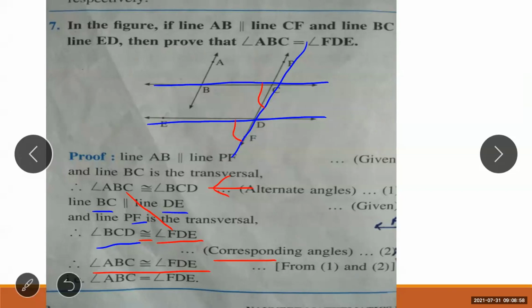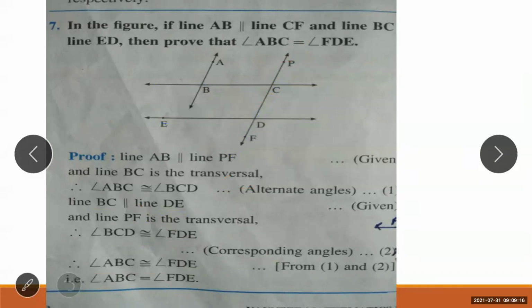As those are congruent, their measurements will be equal, and that is what we want here: angle ABC equal to angle FDE. So is it clear how to write? It's very easy. Just remember all the properties.